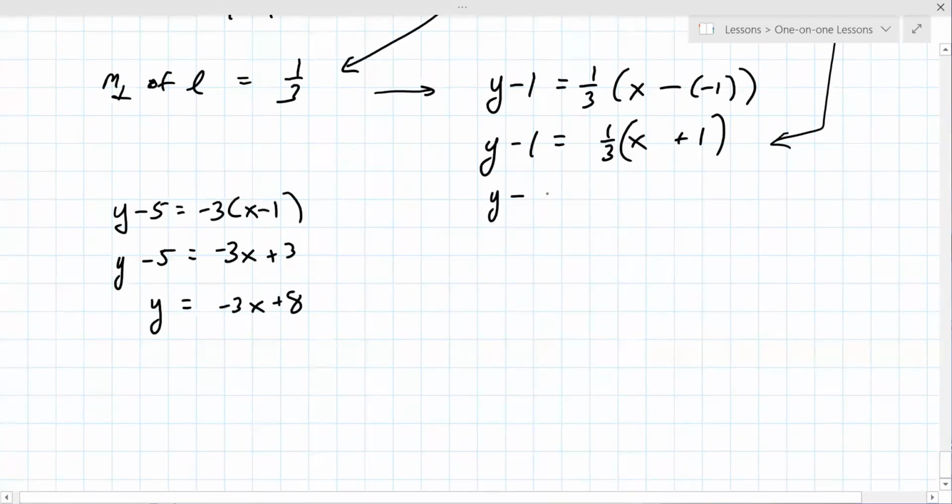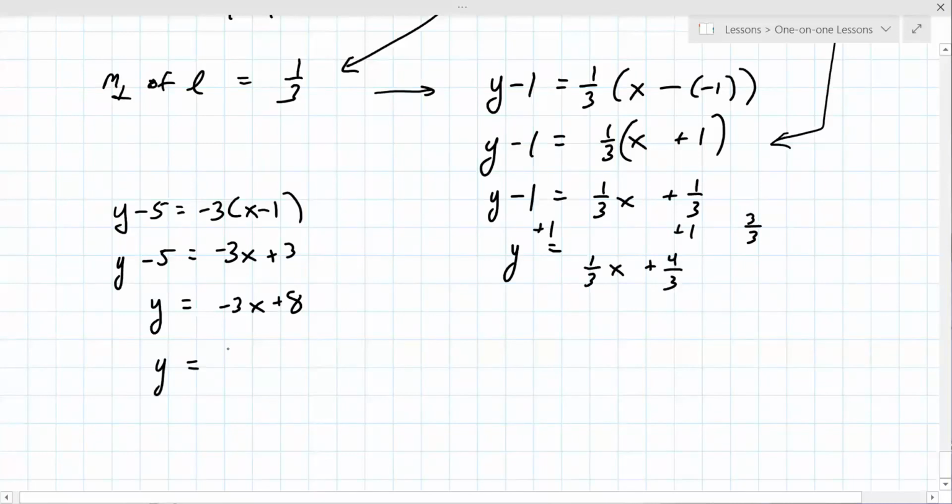This one is y minus 1 equals 1/3 x plus 1/3. If we add 1 to both sides, adding 1 is like adding 3 over 3, so it's 1/3 x plus 4/3. So if y equals 1/3 x plus 4/3, we now have to set these equal.